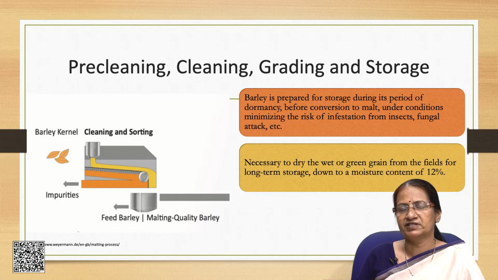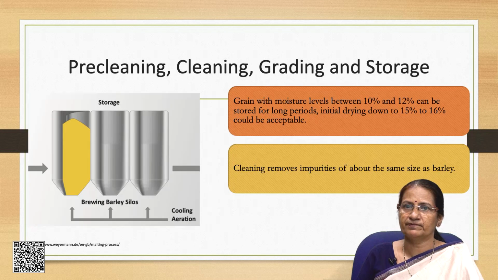Now after harvesting, barley is prepared for storage during its period of dormancy before conversion to malt, under conditions minimizing the risk of infestation from insects, fungal attack, etc. To achieve this, it is necessary to dry the wet or green grain from the fields for long-term storage down to a moisture content of 12%.